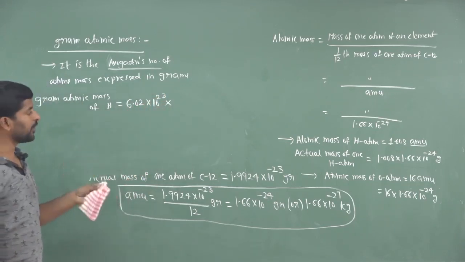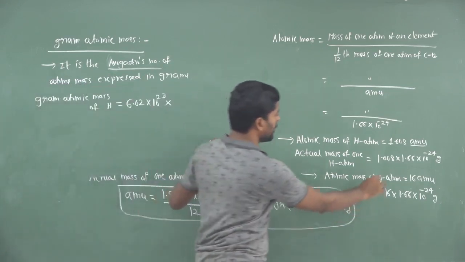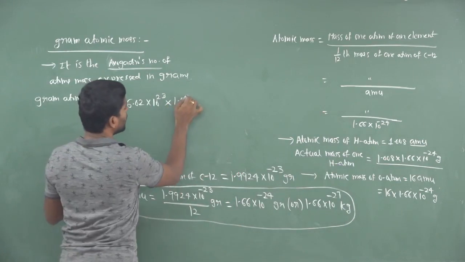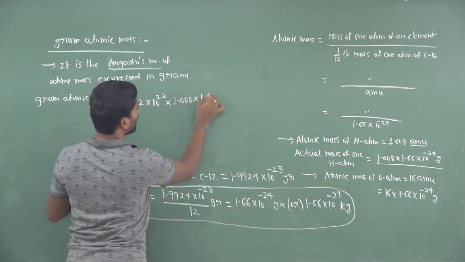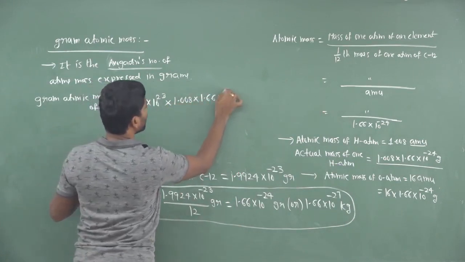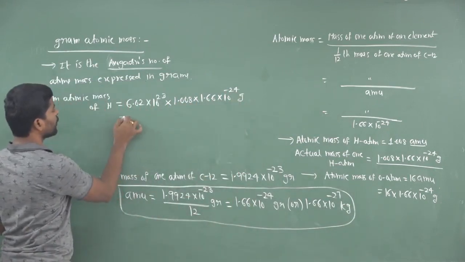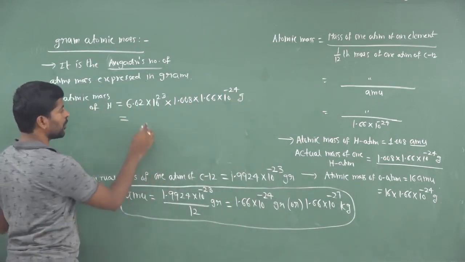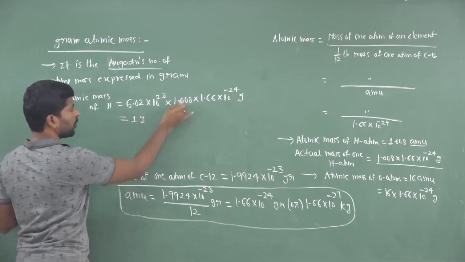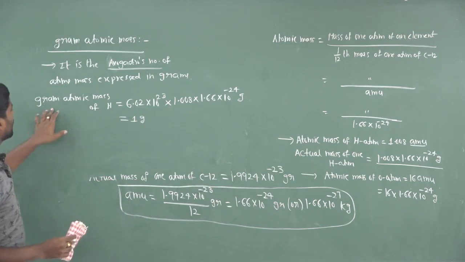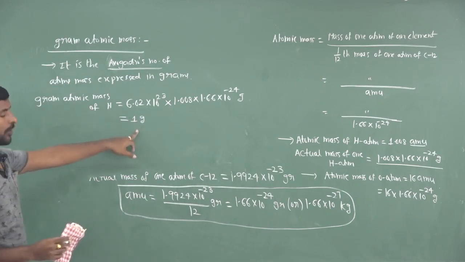What is the weight of each hydrogen atom in grams? 1.008 into 1.66 into 10 power minus 24 grams. If you simplify, you will get almost 1 gram, or nearly 1.008 gram. So what is the gram atomic mass of hydrogen?